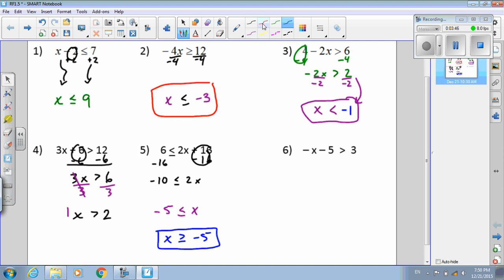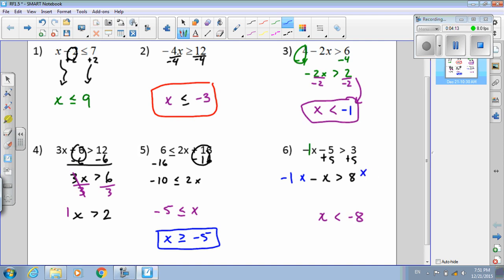Now the last one here, you do have a negative coefficient. It's negative 1. So we will, in the end, have to flip the symbol. So you will do plus 5 first to isolate negative x, or negative 1x if you wish, is greater than 8. Now this is the same as this. So how you get there is that you multiply by negative 1 on each side.